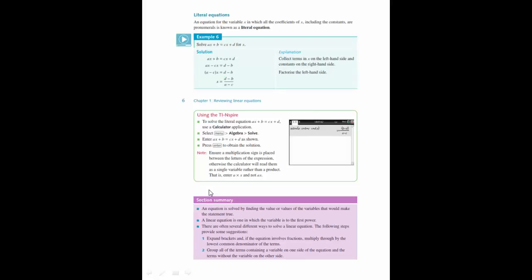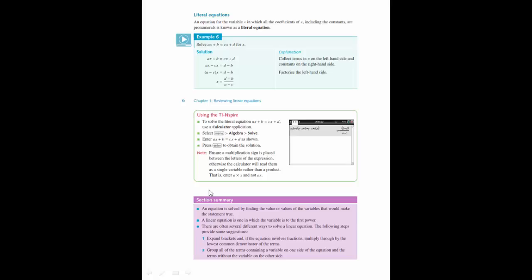In this section 1 summary, an equation is solved by finding the value or values of the variable that would make the statement true. A linear equation has to have only the first power, so the maximum power is 1. There are often several different ways to solve linear equations, and the following steps provide some suggestions.